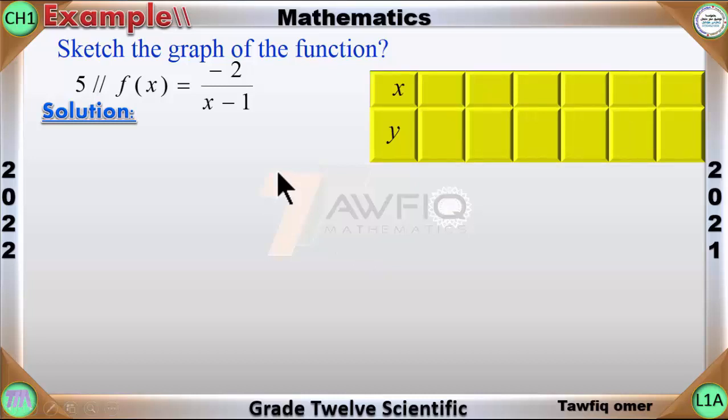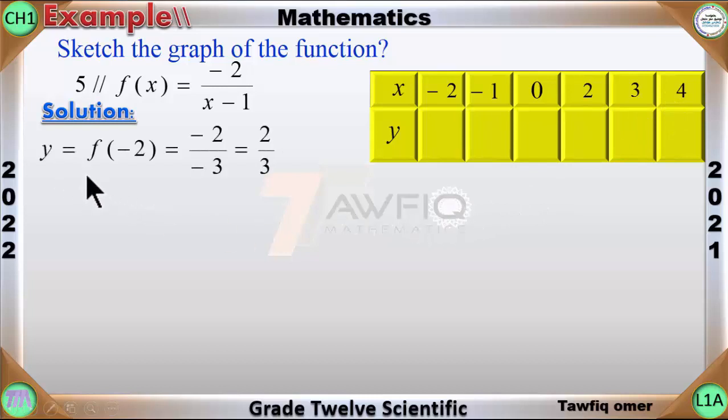We must not take 1 as a value of x, but we must take 3 values smaller than 1 and 3 values bigger than 1. The 3 values smaller than 1 are 0, -1, -2, and the 3 values bigger than 1 are 2, 3, 4. And then find y. y equals f of -2 equals minus 2 over -3, which equals 2 over 3.